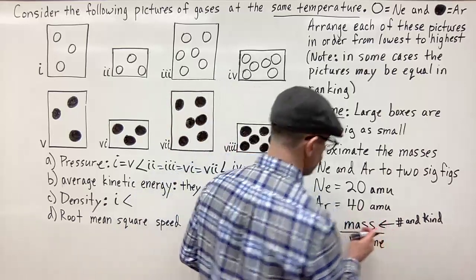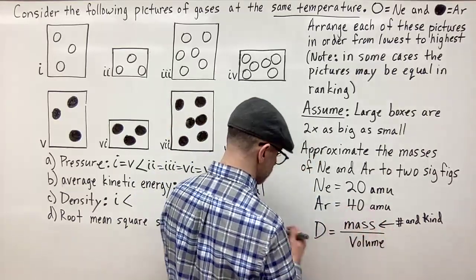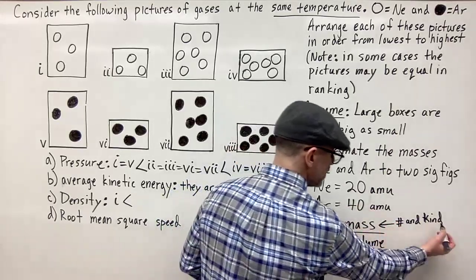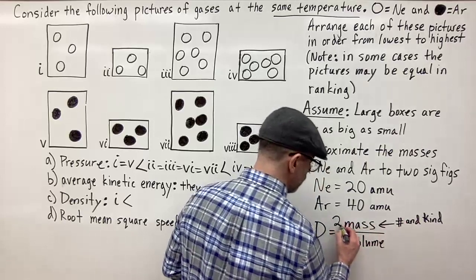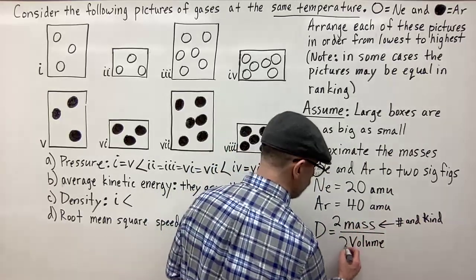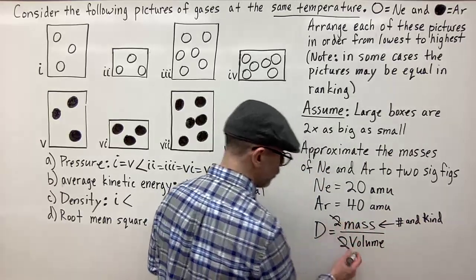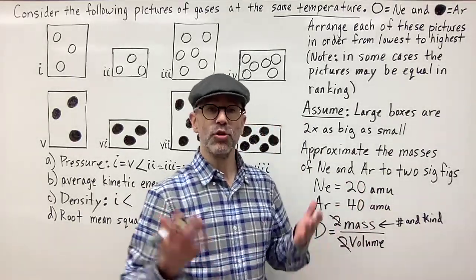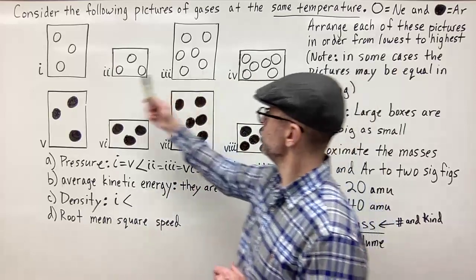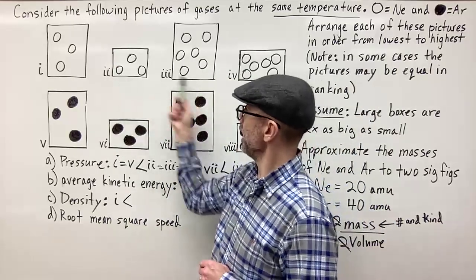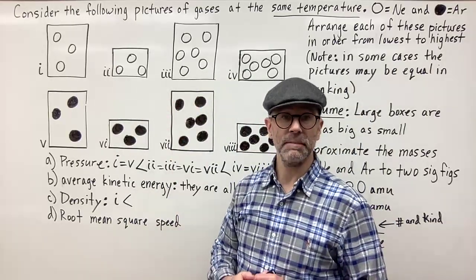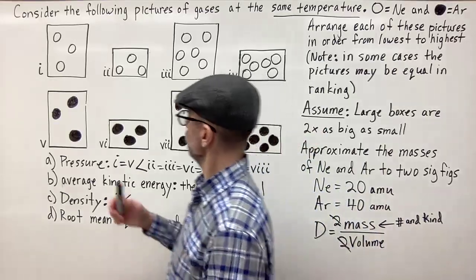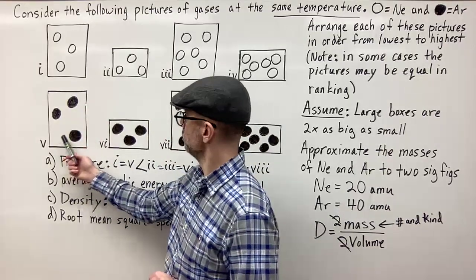Here, for mass, I double the number of particles, but they're the same in kind. Then I double the volume. So the 2's cancel out, and I end up with the same ratio. So same density. 2 and 3 are going to have the same density. Now, what about the others? Let's look at number 5 here.